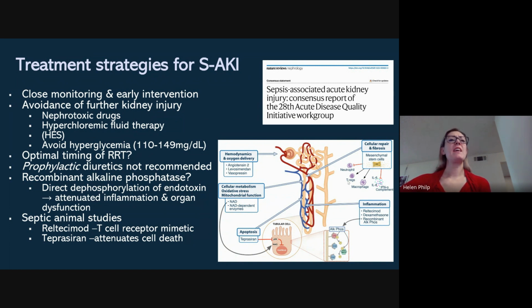Timing of RRT, it seems that probably not much different to other causes of AKI. Avoiding prophylactic diuretics, but if they're used to retain optimal fluid balance, then that's okay.